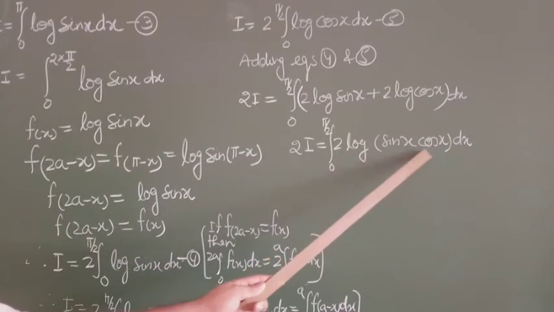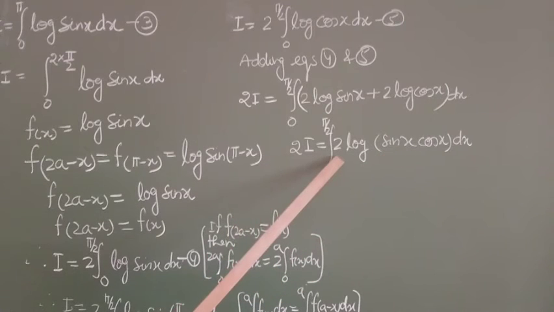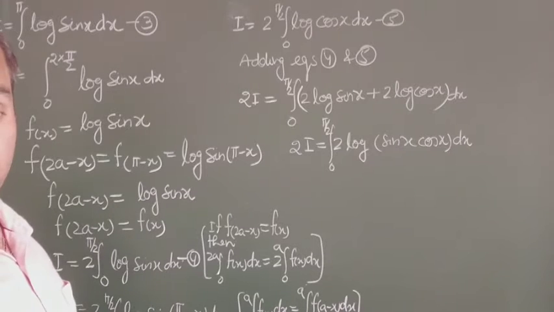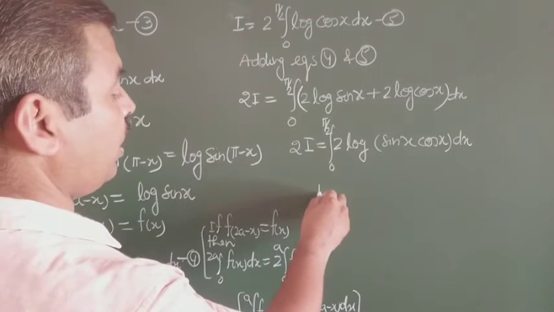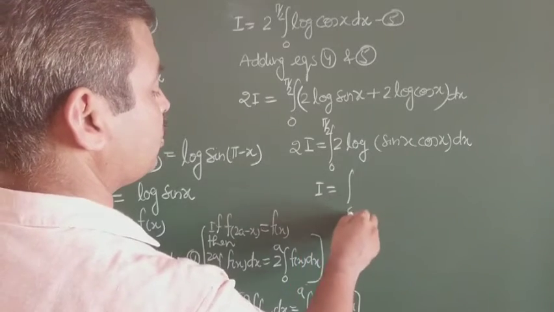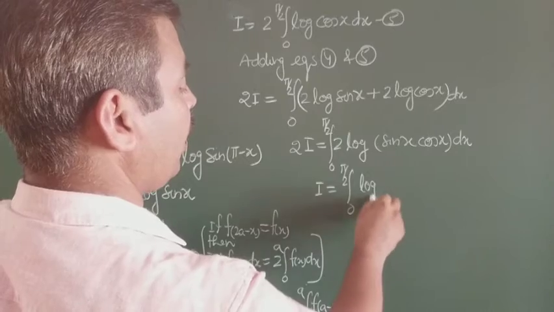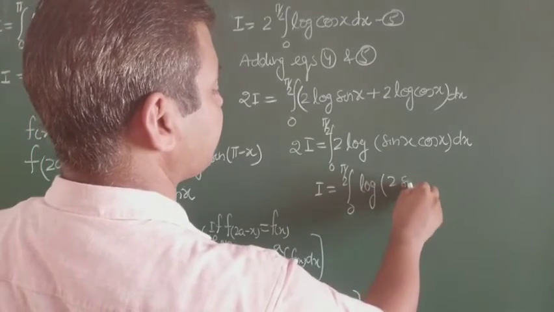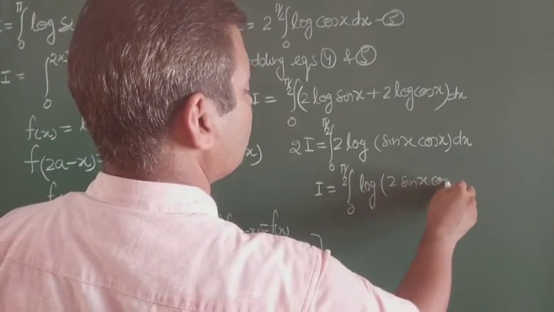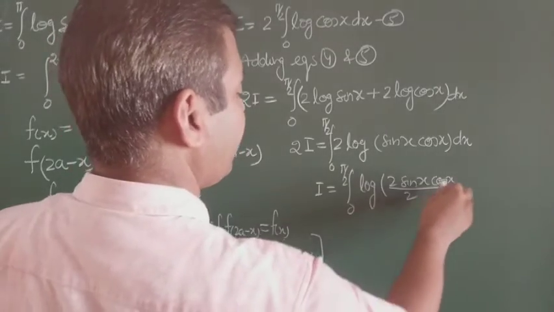Sin x into cos x, this 2 and this 2 we can cancel them. So it will be I equals to 0 to pi by 2 log, and we are going to multiply inside by 2 and divide by 2.